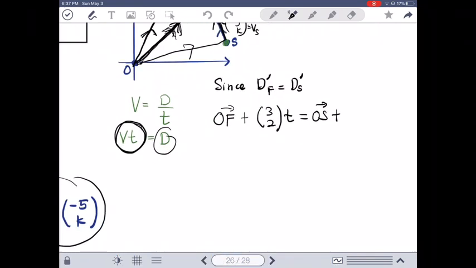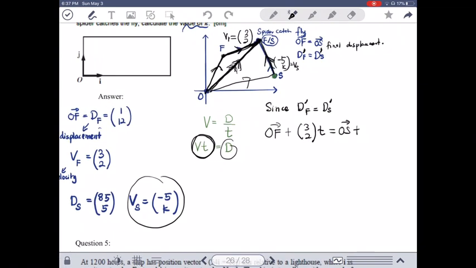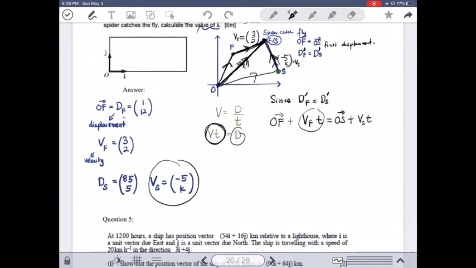So we need VF times time to get displacement, and OS plus the velocity of the spider times time to get it in terms of displacement.